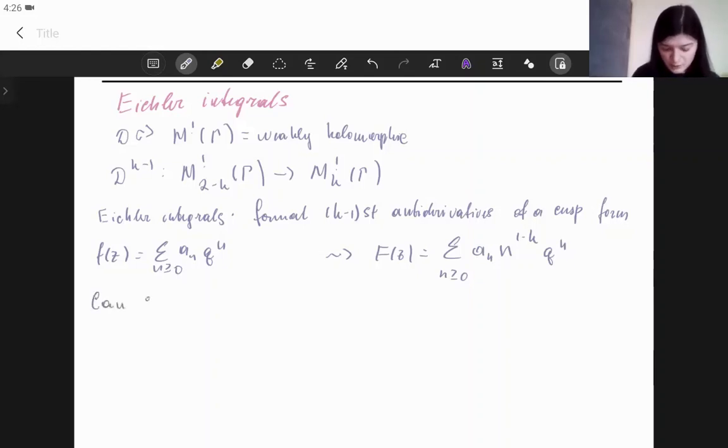So what we can do is that we can compute, for example, the following expression.